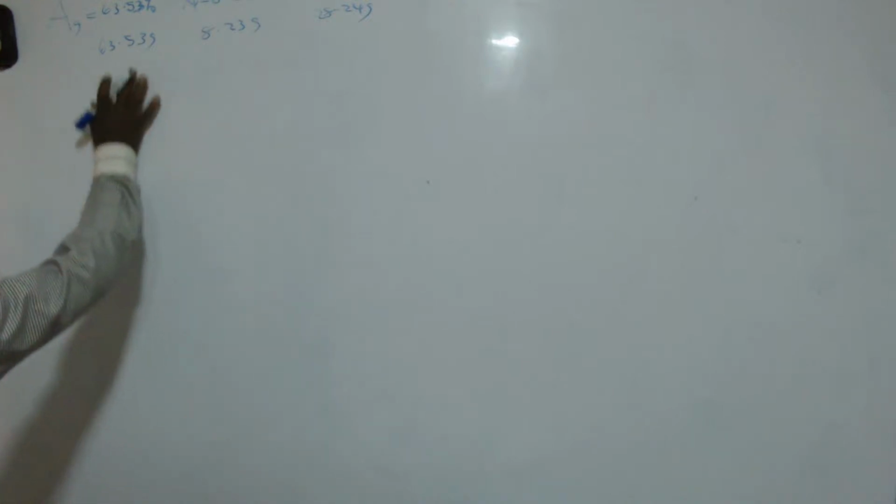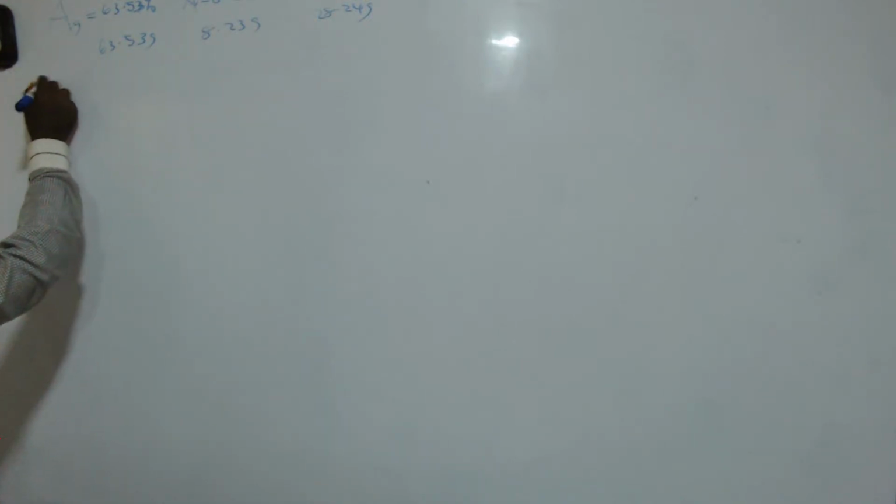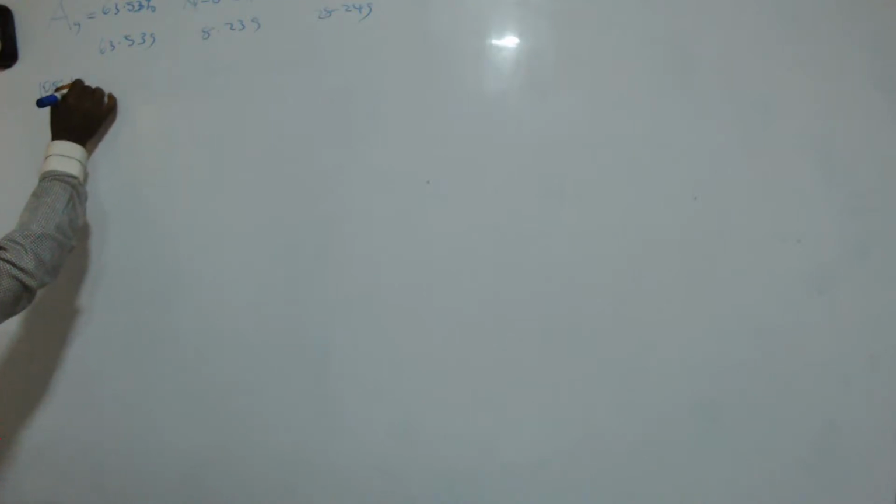Now I said divide by the molar mass. Silver has a molar mass of 108 grams per mole.